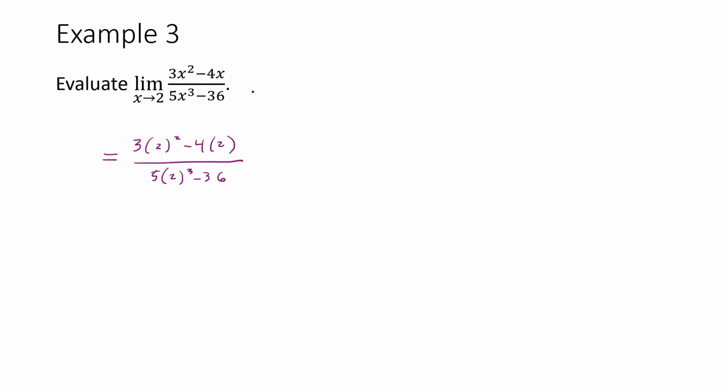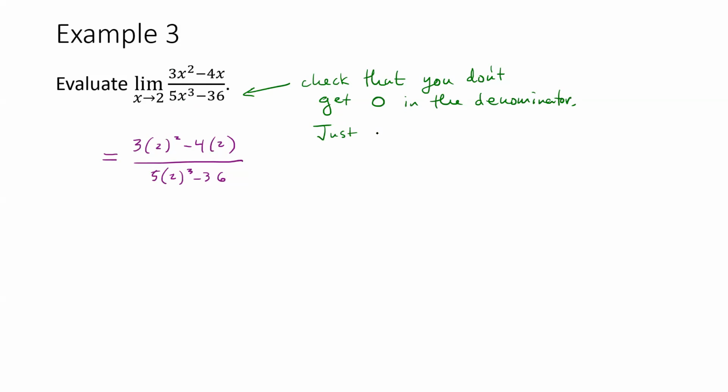All I did was mentally check that you don't get 0 in the denominator. Okay, since we don't get 0 in the denominator, then we just plug in x equals 2, and that gives me the value.